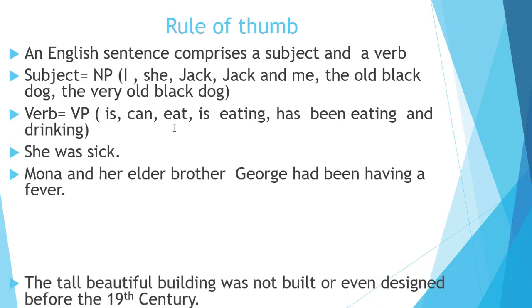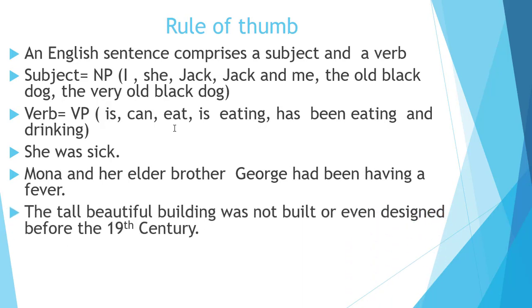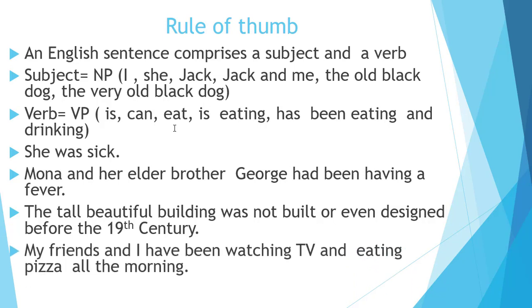The tall, beautiful building, this is the subject, the noun phrase, was not built or even designed, this is the verb phrase, before the 19th century, okay? My friends and I, subject, noun phrase, have been watching TV and eating pizza all the morning. This is all the verb phrase.